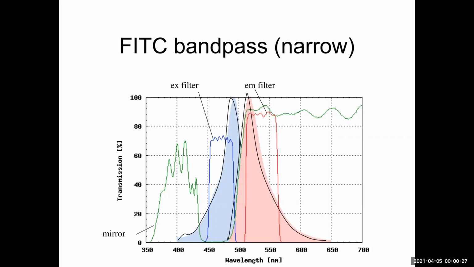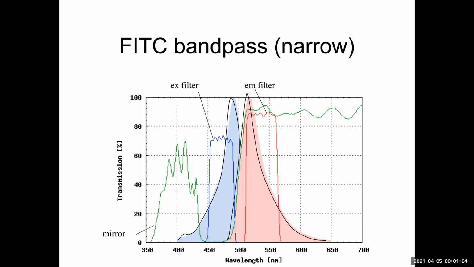Sometimes this is as good as you can get, and you've got to get a little separation between the excitation and emission filter. So this is a perfectly adequate filter set for FITC. And it's a narrow bandpass, because look at both of those filters. I hope you can see why instinctively the excitation filter needs to be bandpass. You can't just give it all the light. You need to give it a certain color of light. And then with the emission, you can collect all the light if there's no other fluorophore around.